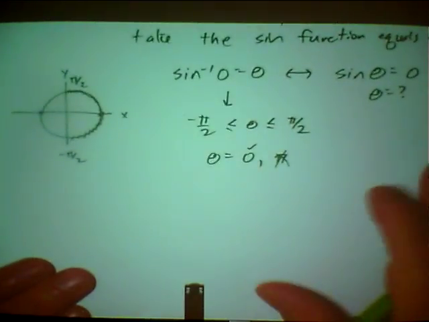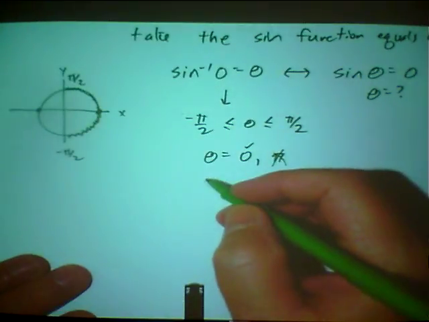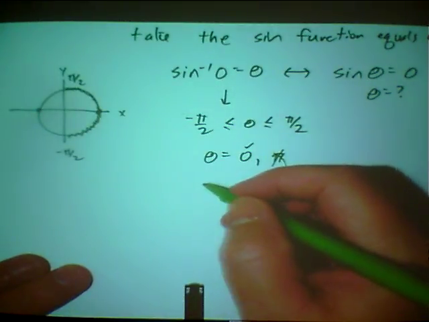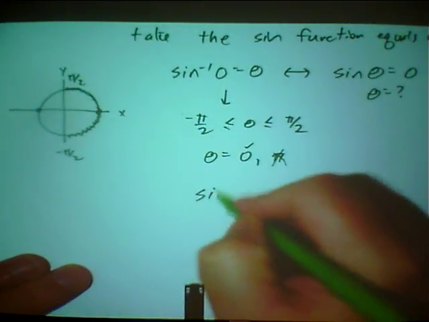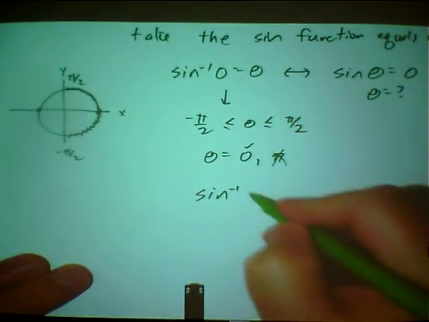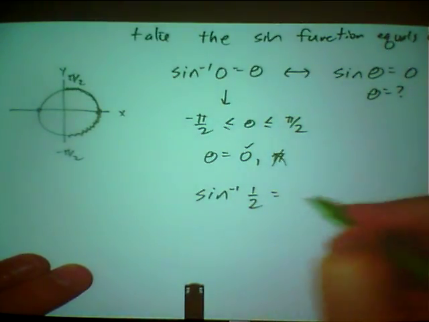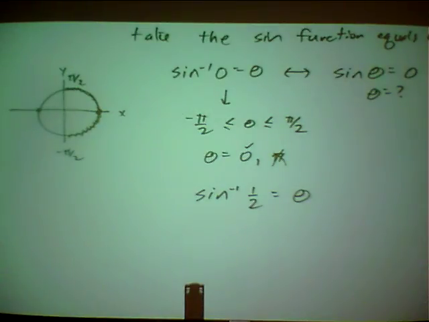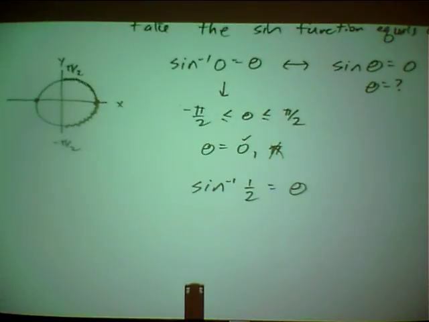Let's do a few more examples so you get a feel for this. This actually is not on your review guide, but I just want to do a couple more examples so you get a feel for this. How about if we're looking for the inverse sine of 1/2? So once again, what are we doing? We're trying to find an angle that when I take the sine of that angle, it equals 1/2.